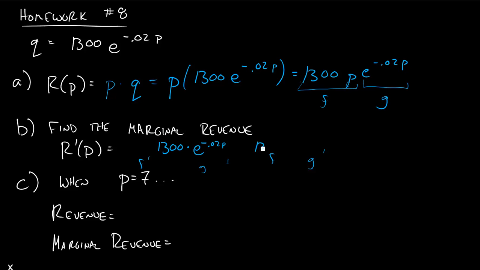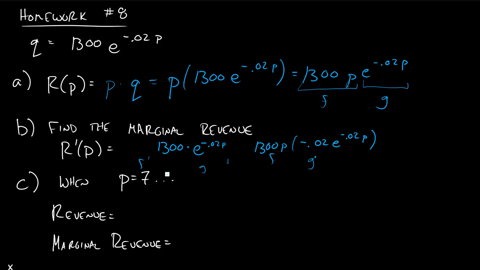Now we leave f alone this time, 1300p, and we're multiplying this by g prime. Notice that this is e to the kt, so the derivative is k e to the kt, and we'll do negative 0.02, not 20, negative 0.02 e to the negative 0.02p. And so this is what we could enter to get our marginal revenue.